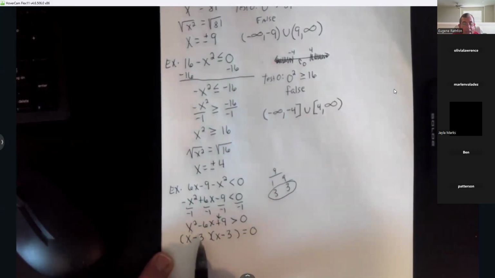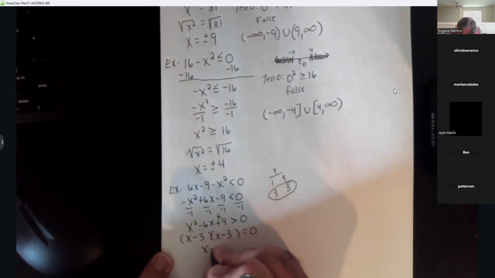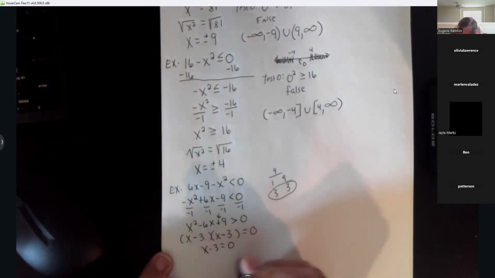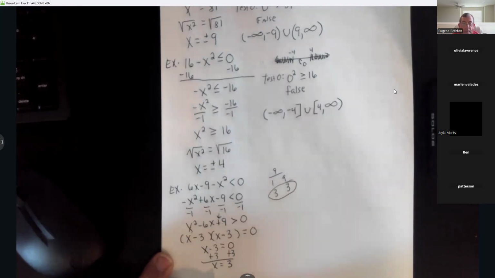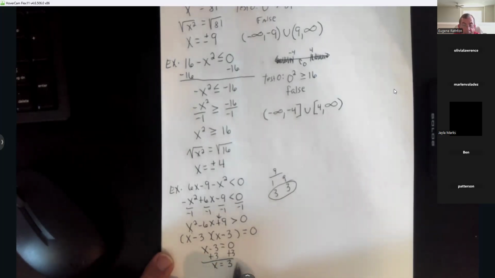Oh, y'all, look at that. I got repeating factors. So I'm just going to solve one of these by adding 3, and I get x equals 3. Remember, when I had repeating factors, the only number we exclude from the domain would be that 3, okay?